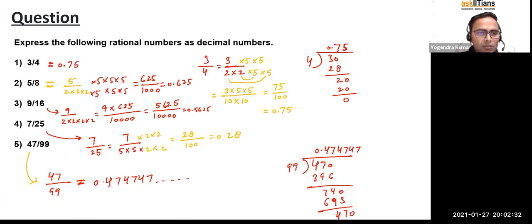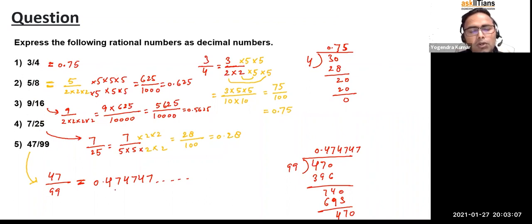So we are getting a non-terminating decimal form here, but it is repeating. Above we were getting terminating decimal forms. Why were we getting terminating decimal forms? So we can understand one more thing from here, that if the denominator of a number is of the form 2 power m or 5 power n, means only fives are there in the denominator, or only twos, or we have 2 and 5 only, then it will be a terminating decimal form.